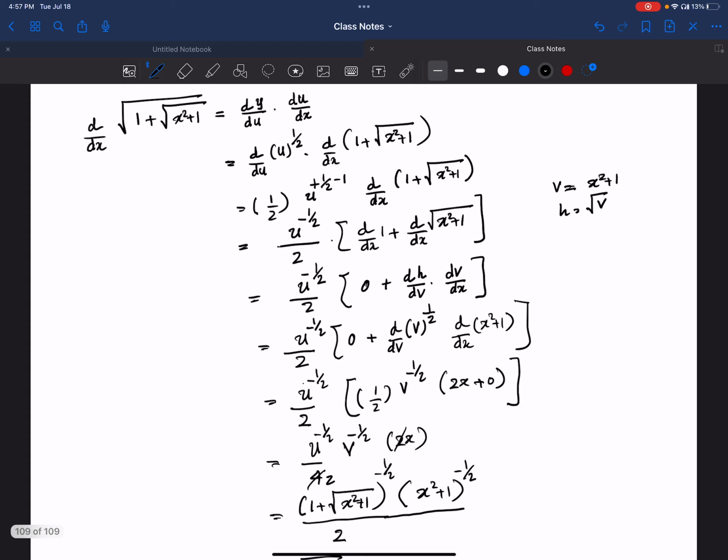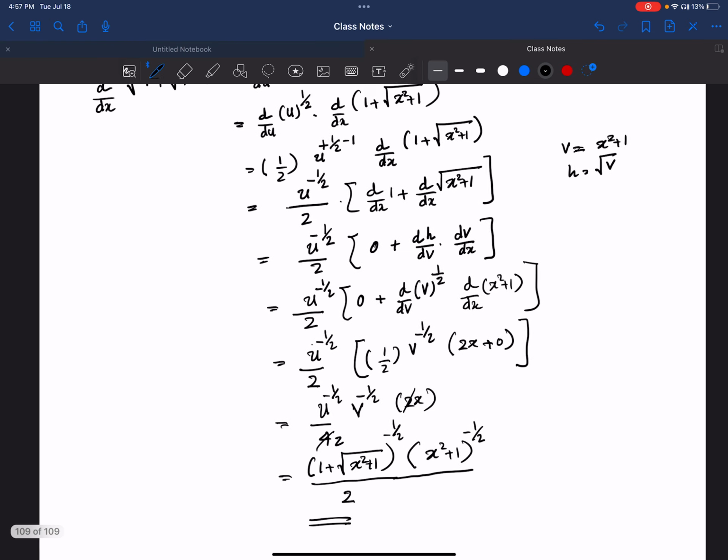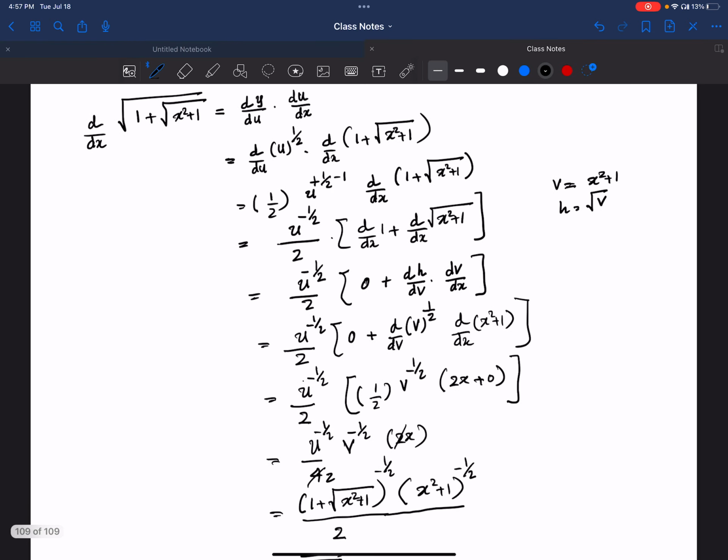So this is an instance where we use the chain rule twice. It's a little bit of a complex problem using the chain rule twice.